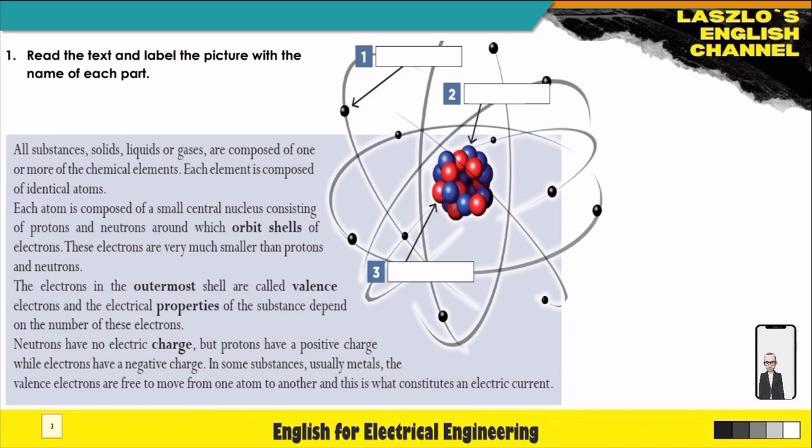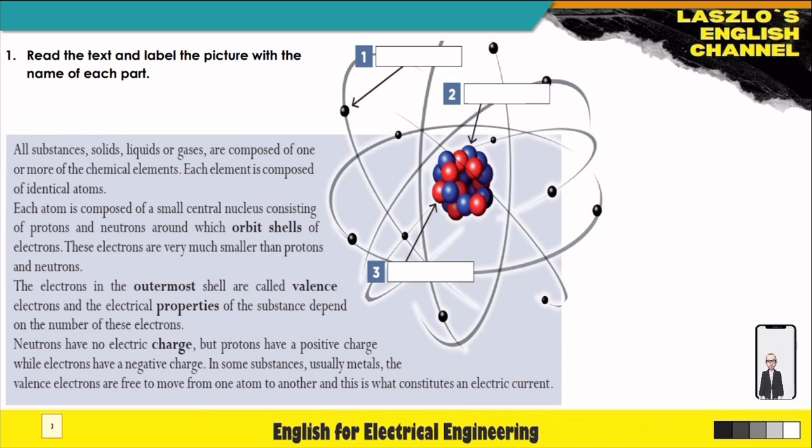The electrons in the outermost shell are called valence electrons, and the electrical properties of the substance depend on the number of these electrons. Neutrons have no electric charge, but protons have a positive charge, while electrons have a negative charge. In some substances, usually metals, the valence electrons are free to move from one atom to the other, and this is what constitutes an electric current.